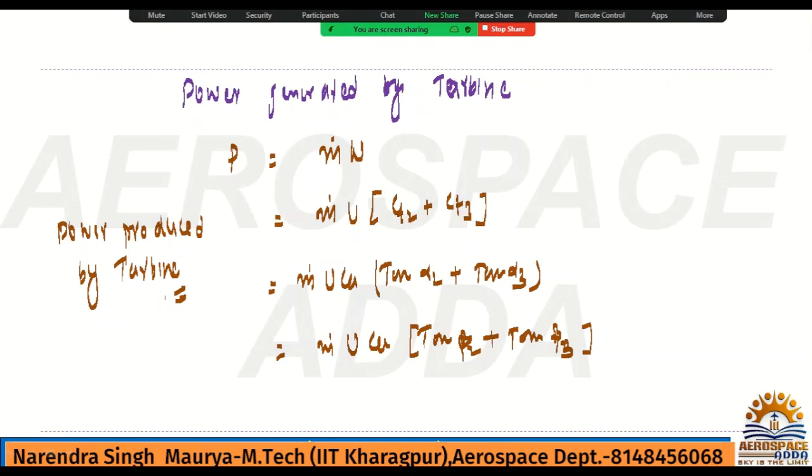Now just like in the compressor you have seen the stage temperature rise, here also we will have it, but we will not have a rise, we will have a fall because we are having expansion in the turbine. Yes or no?